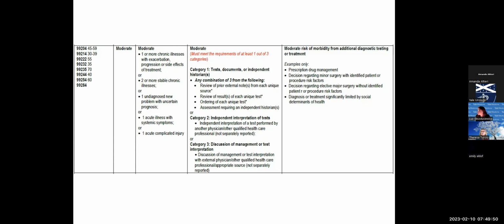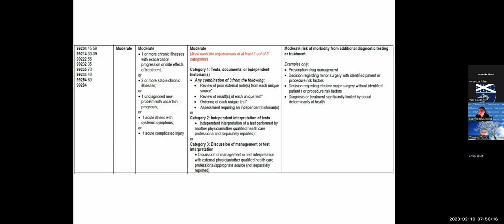I also wanted to bring to your attention that diagnosis or treatment significantly limited by social determinants of health falls under moderate risk as well. So if you're seeing a patient with a chronic illness with an exacerbation, and you've clearly documented significant social determinants that are barriers to healthcare for this particular patient in the progress note, you could fall under a 4 based on that.